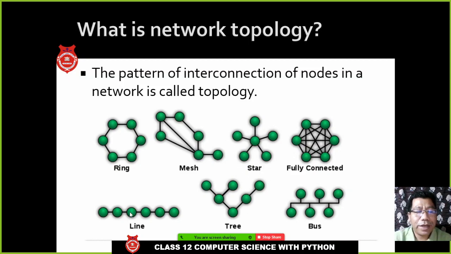We can also connect different computers in a single line, which is a line topology, or it may be in the form of a bus like this. So these are the different network topologies. Network topologies simply means the pattern of connections. Alright, that is known as network topologies.